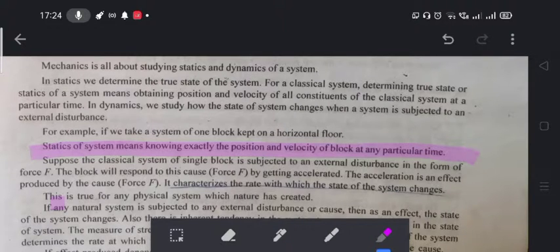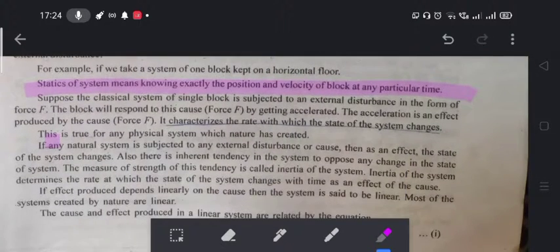So this concept depends on cause and effect phenomena. I have explained earlier also that when you give a particular force to that object, that is the cause due to which the body moves, and the acceleration produced is an effect. This holds for any physical system which nature has created.